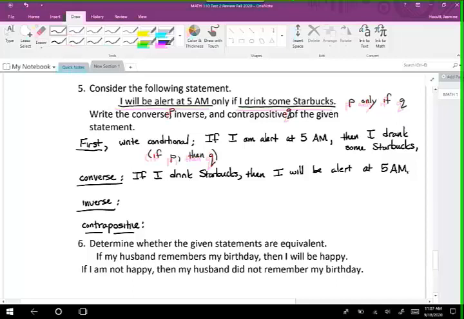The inverse is where we negate each part of the sentence. So in other words, if I am not alert at 5 a.m., so we're keeping the same order as the first sentence, then I did not drink Starbucks.